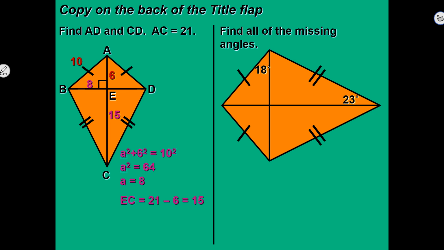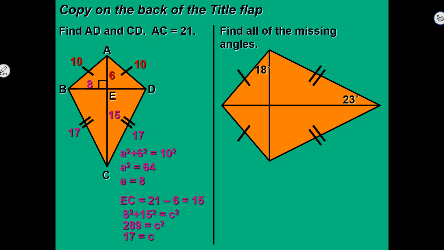Back right there. All right. So what's C going to be, or C squared, the missing piece going to be? 17. Good. And that's the other piece they asked for. So if these pieces are 10 and 17, we know those pieces are 10 and 17.